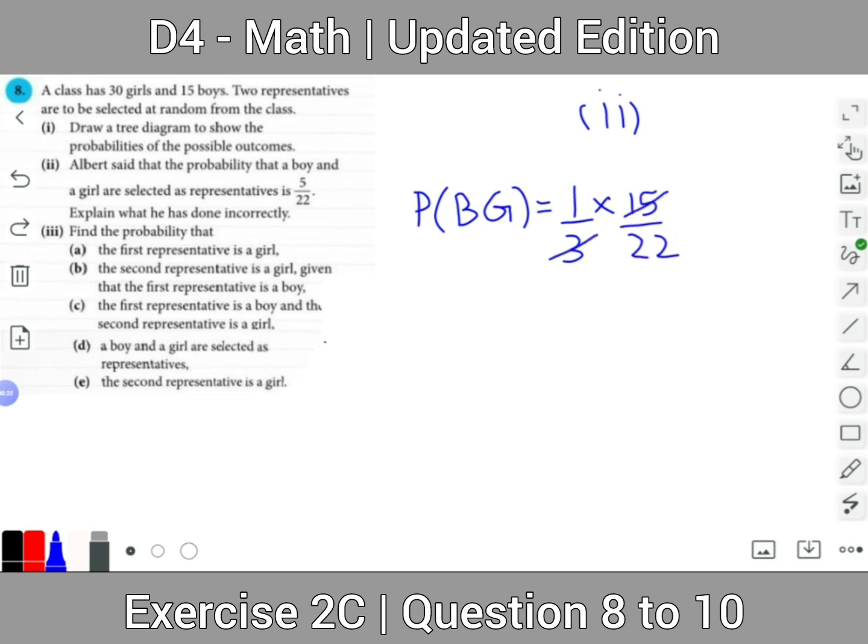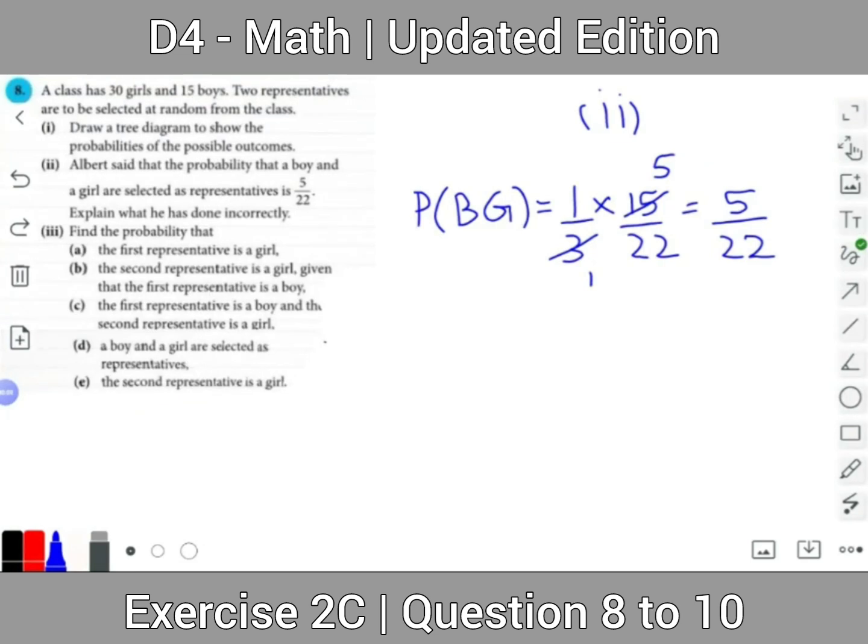So after simplification, it will be equal to 5/22. So this is the probability that Albert has calculated. He did not take into account that there are two possibilities.